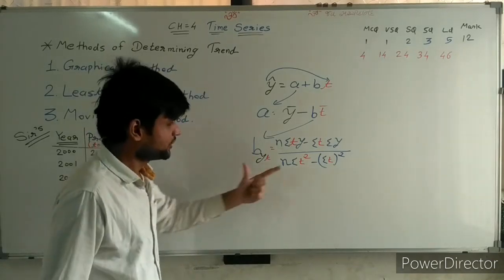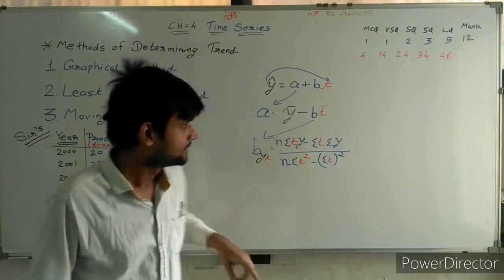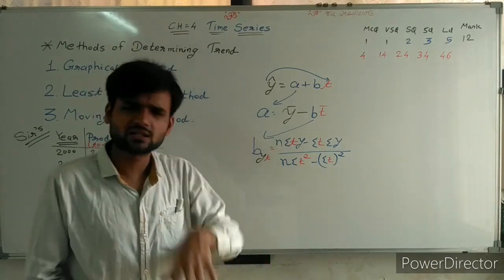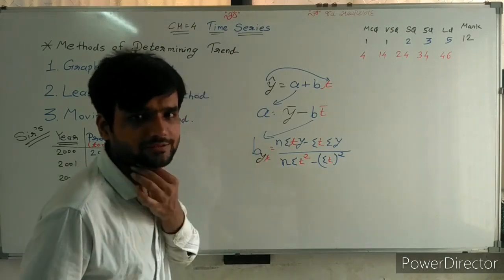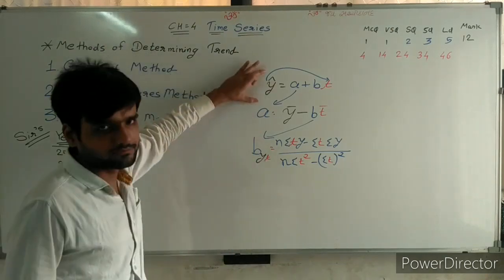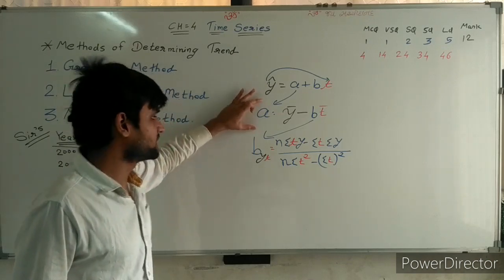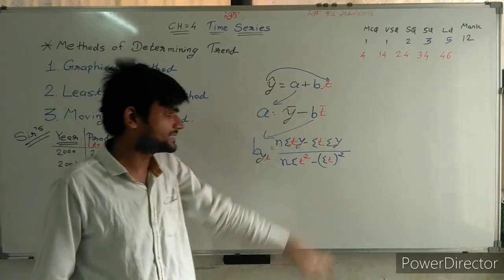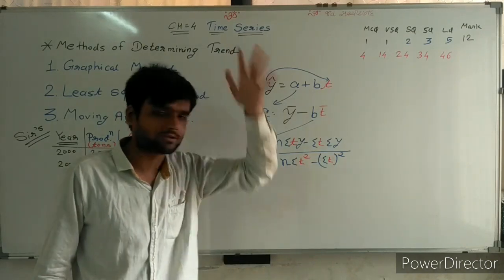Here for b only one formula is needed. We can use other formulas, but there is no need because only this is given. So y cap is equal to a plus b t. a is equal to y bar minus b t bar. b is equal to n sigma ty minus sigma t sigma y, upon n sigma t square minus sigma t whole square. That's it.